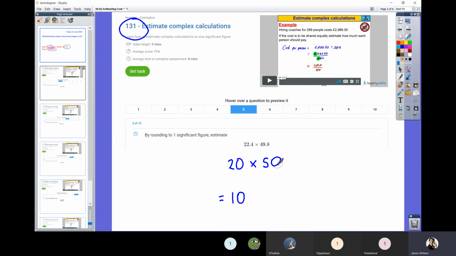And then you've got the 2 extra zeros. So make sure you're okay with what I did there. You just basically ignore the noughts to start with and just say 2 5s are 10, and then you add on the noughts that you've got. So 2 noughts in addition to the 2 5s are 10. And that's your final answer. Simple as that. The whole point is this is quick because we're estimating.